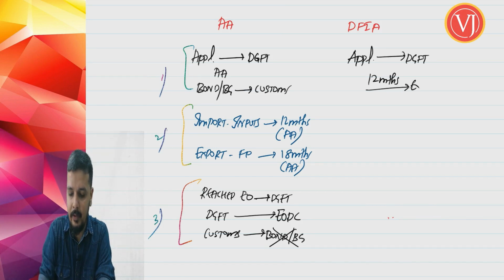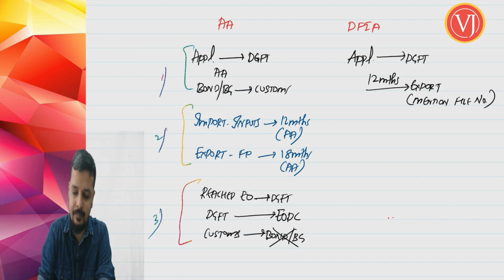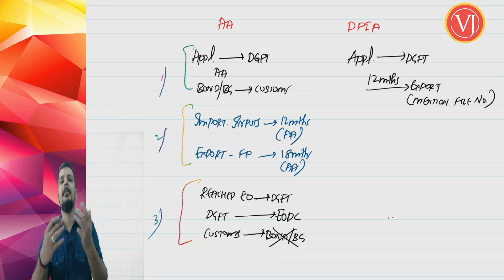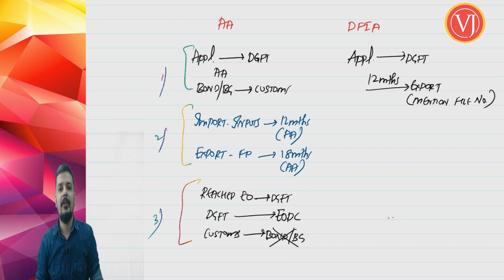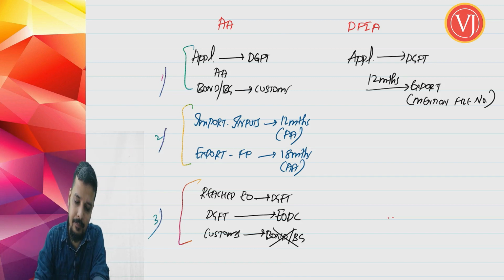You actually export, and on all the export documents you mention the file number. So this is the first step. First you make an application to DGFT that I intend to go for duty free import authorization. You'll get a file number, and after that you export within 12 months from the date of that file number, and every time you export you mention the file number on all the export documentation, right? That is the first step.